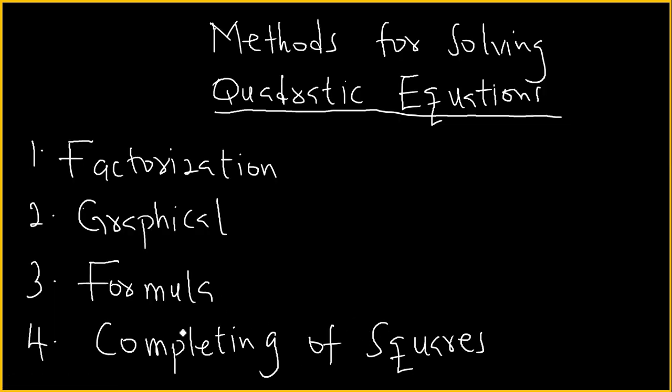Most of the time for core math, these two are not normally used. They are frequently used in elective mathematics, and we would also talk about these two. So starting with the factorization method.